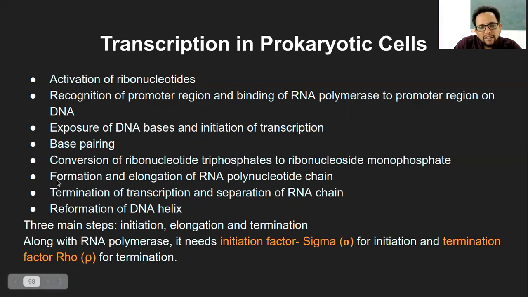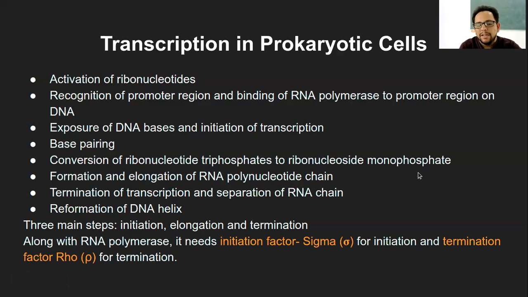Then formation and elongation of the RNA polynucleotide chain. The sugar and phosphate backbone will be joined together throughout that mRNA nucleotide sequence, and that is the formation and elongation of the RNA polynucleotide chain.